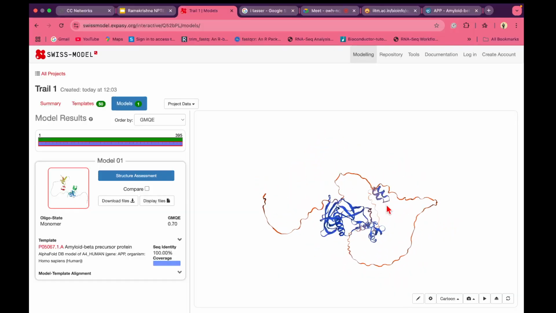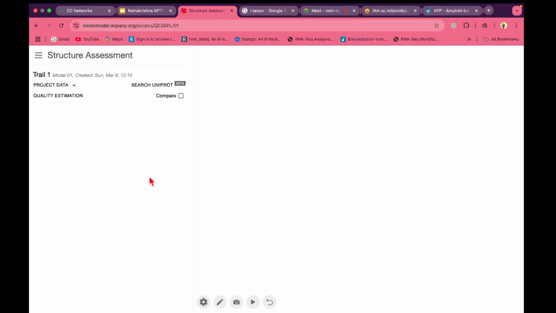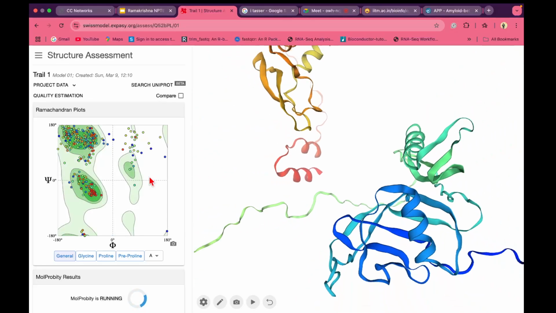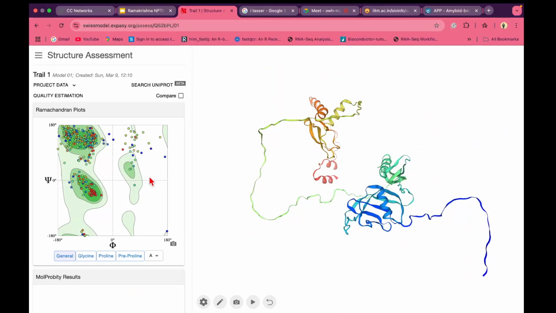Now we should know whether the structure is good or not. So here we have the structure assessment option. The first assessment is to find the deviations from the Ramachandran plot.